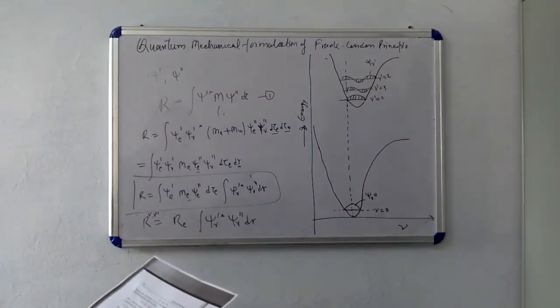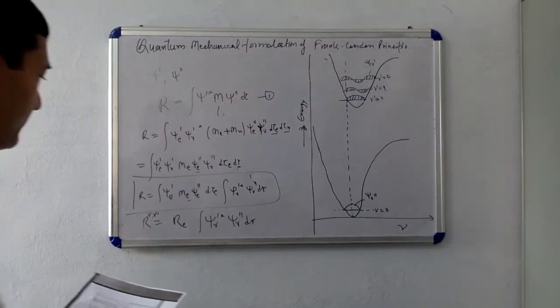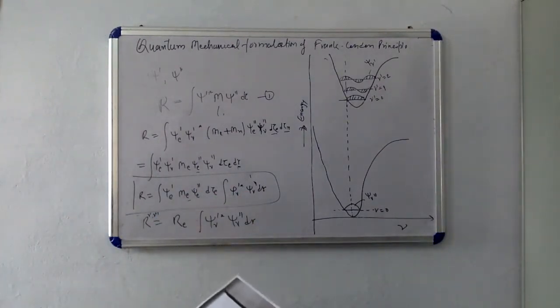So actually this ψ e and hence Re depends to some extent on the r. The wave mechanical formulation of the Franck-Condon principle rests on the assumption that the variation of Re with r is slow, so that Re may be approximated by the average value of Re.